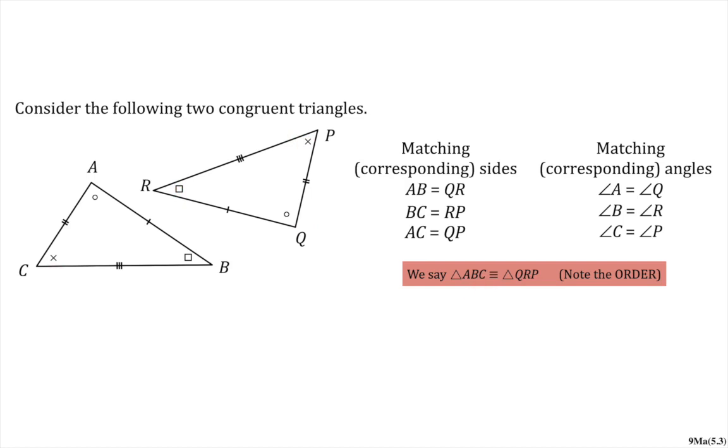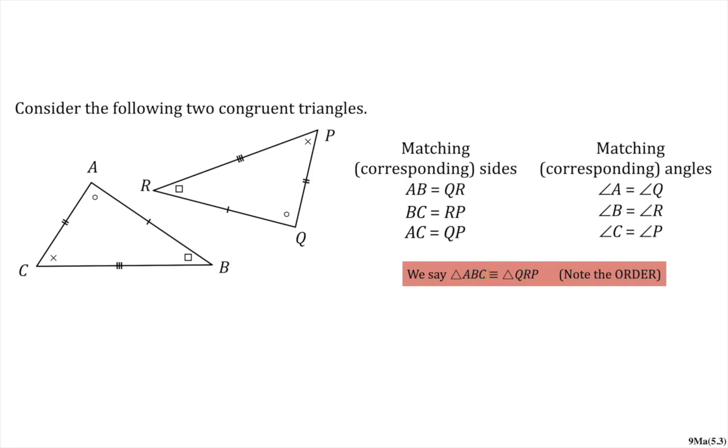So the positioning of the letters tells you that angle A and angle Q match. Angle B and angle R match. Angle C and angle P match. If you understand how it works, it's really easy. You could also look at the first 2 letters and say the side length from A to B and the side length from Q to R match. You could look at the side length from B to C and the side length from R to P match because of their positioning.